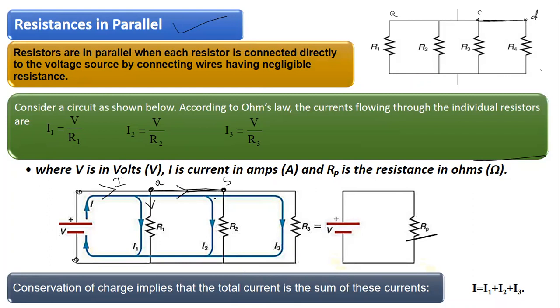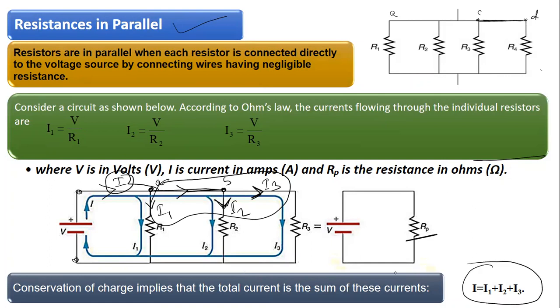So this current will divide into these paths. Let us say this is I1, this is I2, and this is I3. So these three currents together make up the total current. So I is equal to I1 plus I2 plus I3.